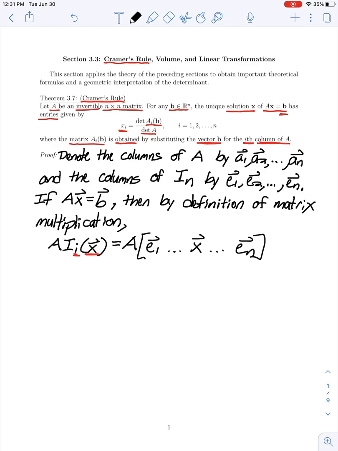Now the definition of matrix multiplication says this is equivalent to the matrix where the first column is the product of the matrix A with the first column of the identity matrix, up through A times the vector x, which would be our ith column of this product, and then A times the nth column of our identity matrix.